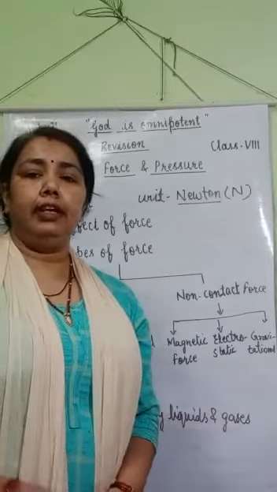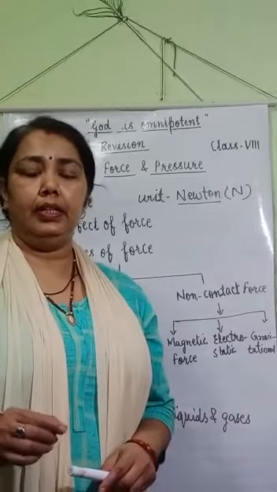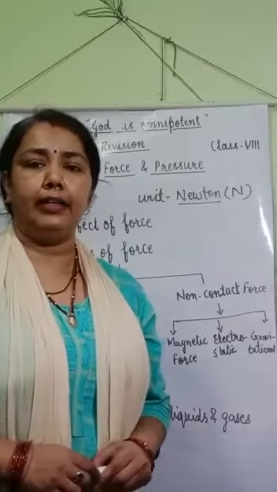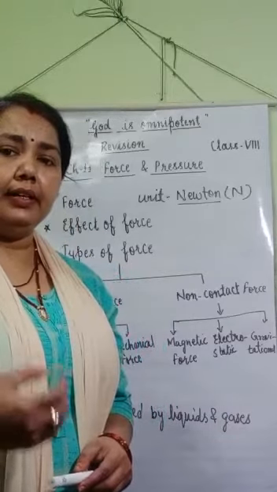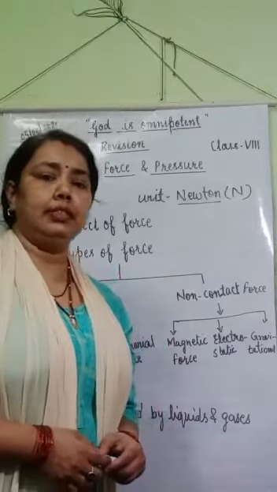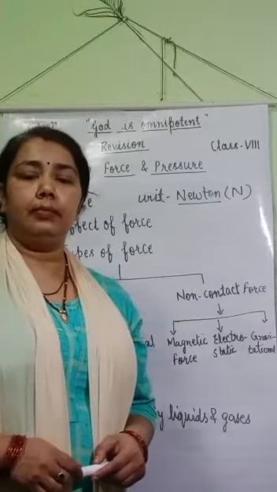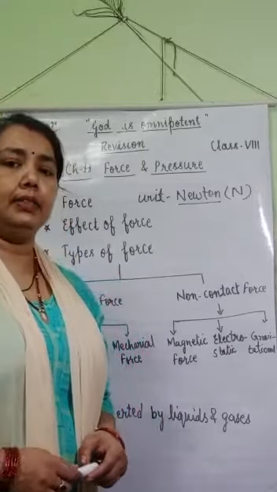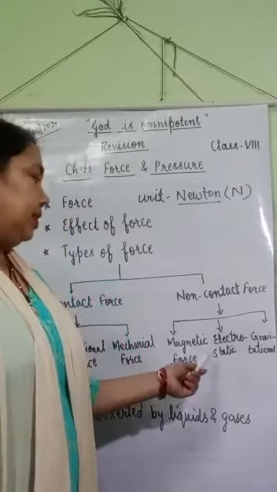You have seen that when you bring a magnet near pieces of iron, the magnet attracts iron particles towards itself. But there is no contact between the magnet and iron pieces. So this is magnetic force.